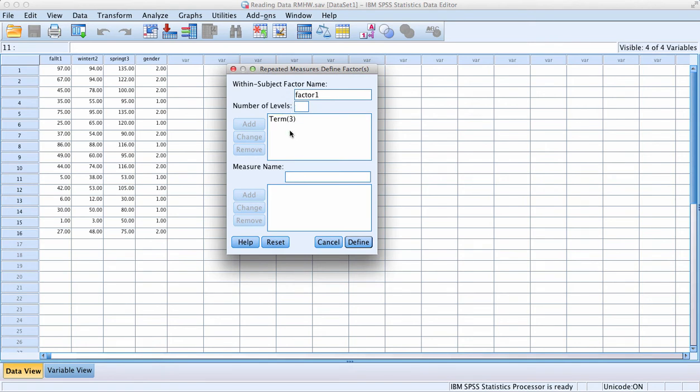Now we've already set our within subject factor up, so we don't really need to change anything there. Now if we were to start the analysis over again, yes, we would have to do that.